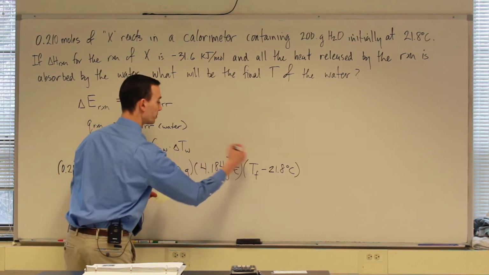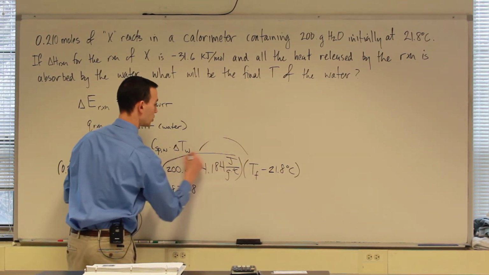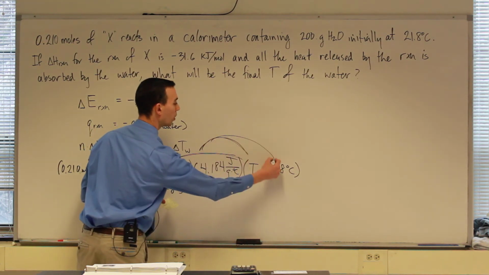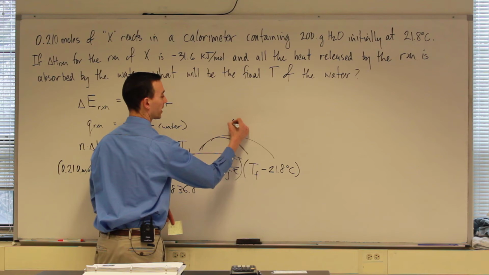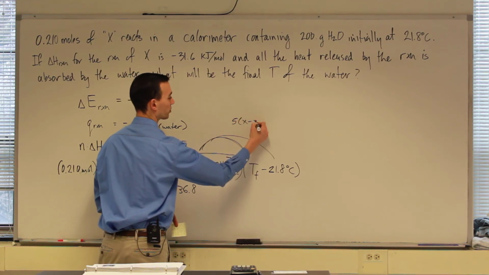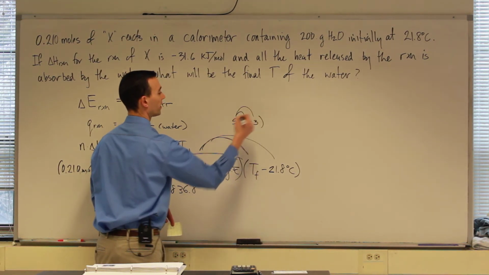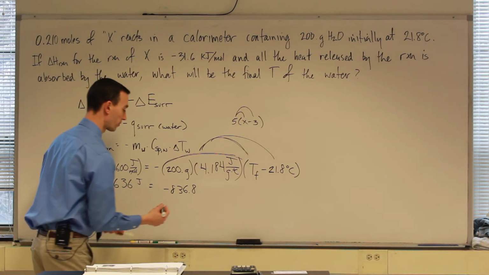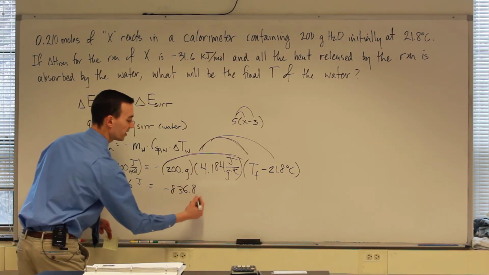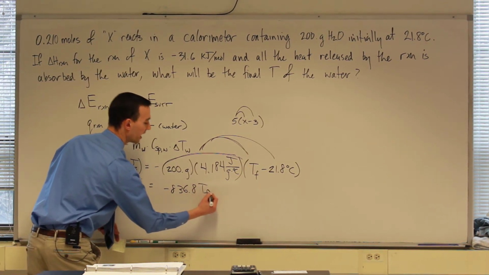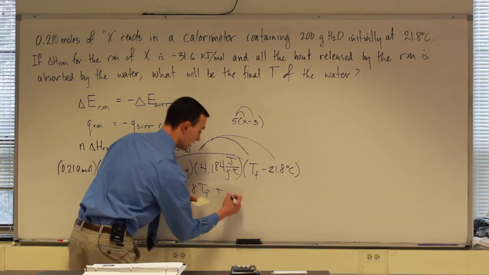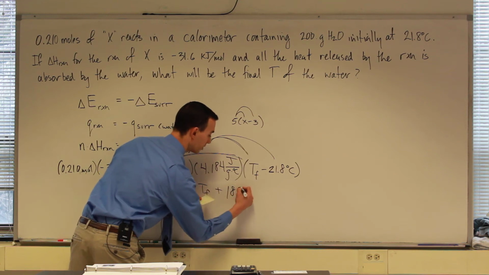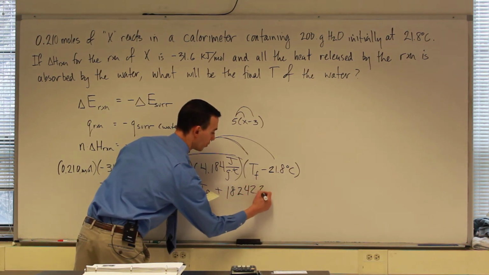And then this needs to be distributed, right, this product to both numbers in the parentheses. Essentially what I'm doing now is like taking 5 times x minus 3. You have to take that 5 times both the x and the 3. So this would be negative 836.8 times T_f plus then, because the negative times the negative, 18,242.24.